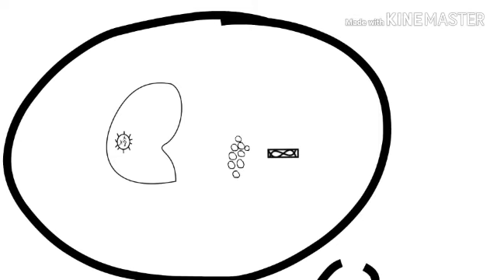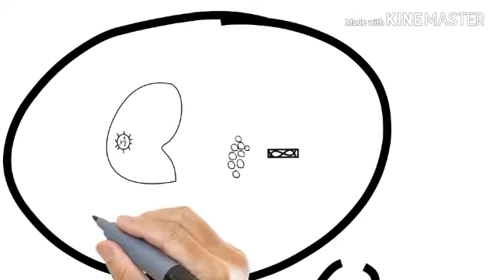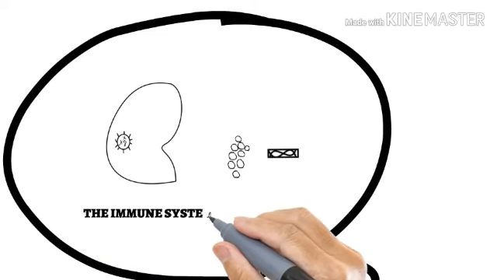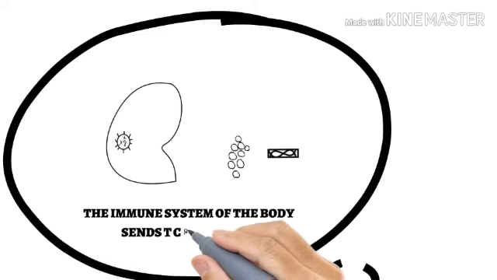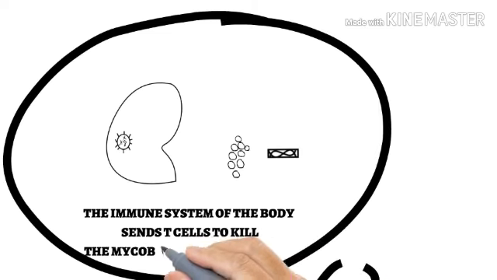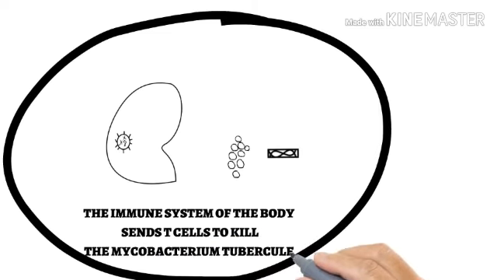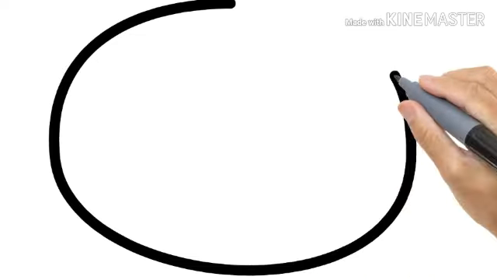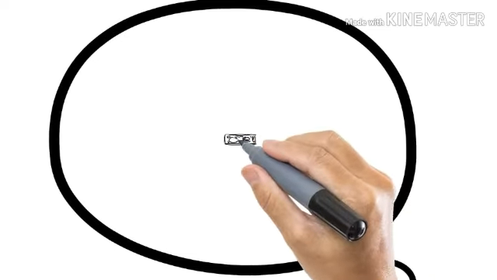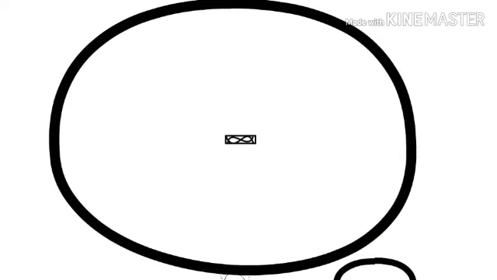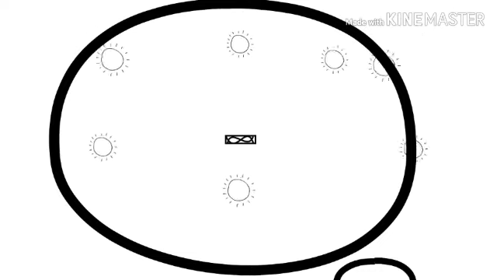And when this happens, the Mycobacterium tubercle has a chance of survival. So the immune system of the body sends T cells to kill the Mycobacterium tubercle. These cells will mobilize themselves with the aim of killing the Mycobacterium tubercle.